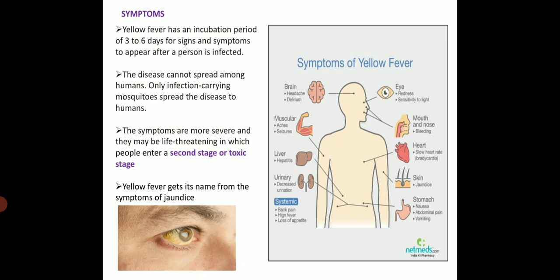Next, eye, that is redness and sensitivity to light, mouth and nose, that is bleeding, heart, slow heart rate, skin, the color changes to yellow, that is jaundice, stomach, nausea, abdominal pain and vomiting. So these are the symptoms of yellow fever.